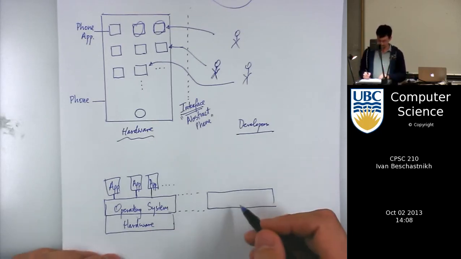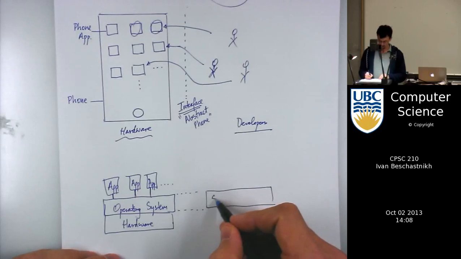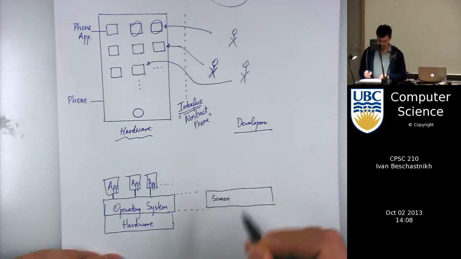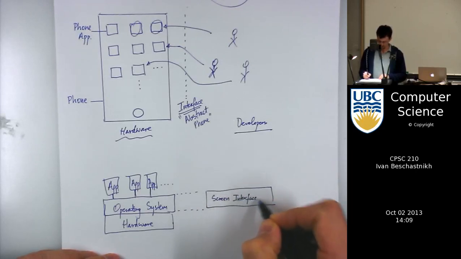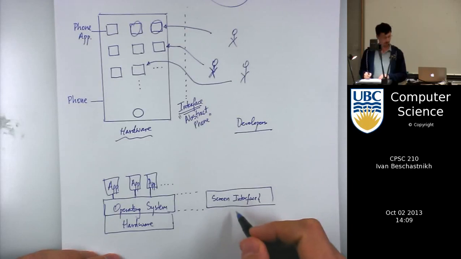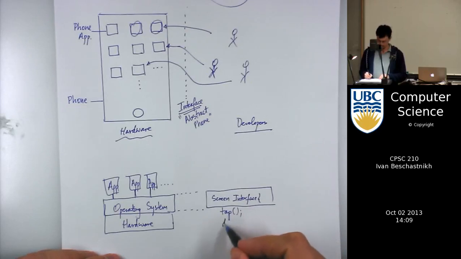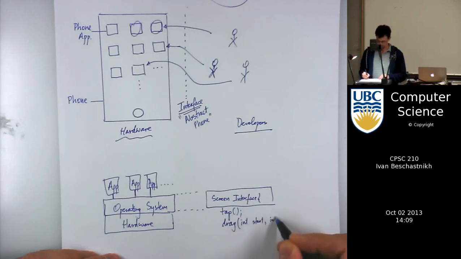So you might have an interface for example, the screen. Right? And the screen might have the screen interface. The screen interface might have a few methods like tap, or maybe drag. There would be some integer start position, and some integer stop position.